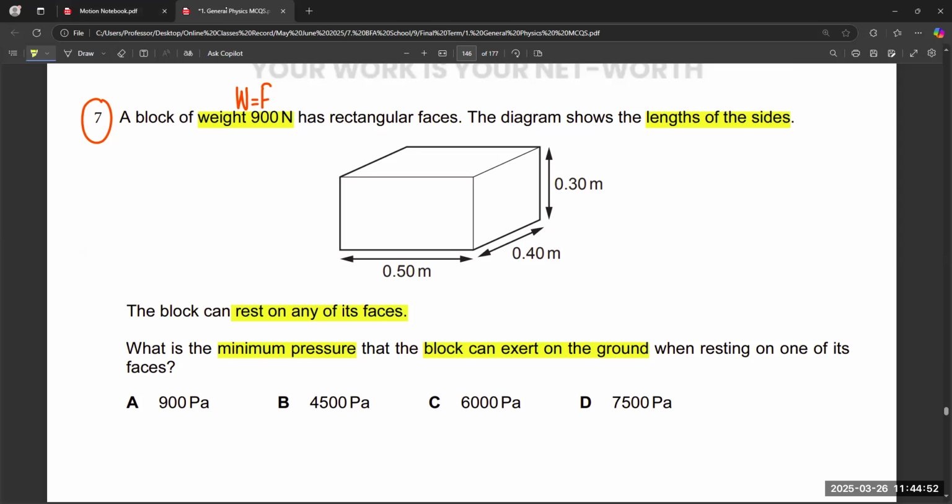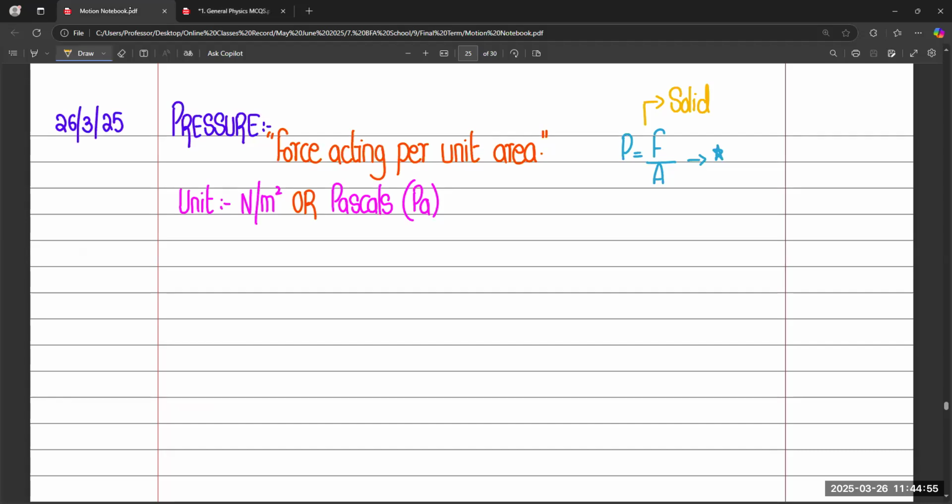Minimum pressure means, according to this formula, that pressure is directly proportional to the force.